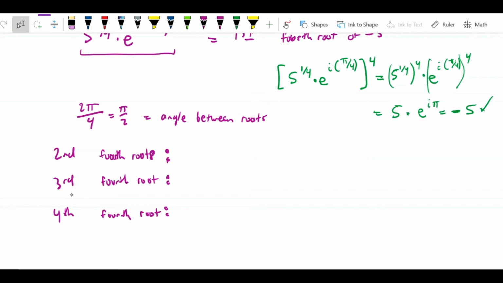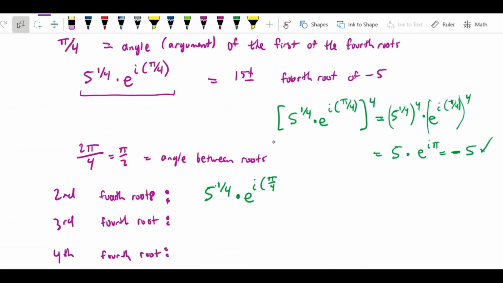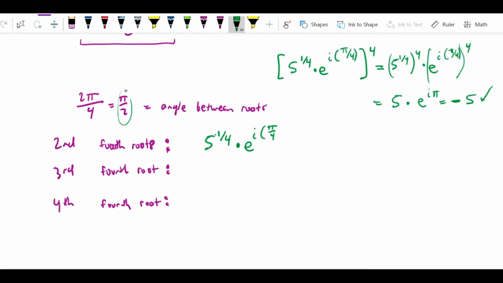So, all right, the second one is going to have the same radius, 5 to the 1/4, times e to the I. We start with pi over 4. In other words, that's where the first of the roots was. And now we're going to add this angle. So it's going to be plus pi over 2.